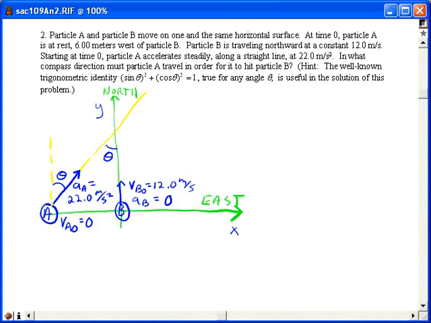In problem 2, we've got two particles moving in a horizontal plane. Particle B is moving due north at a constant velocity, and the other particle, A, starts out at a position 6.00 meters due west of particle B, and it's moving in a direction that makes some angle with the northward direction.